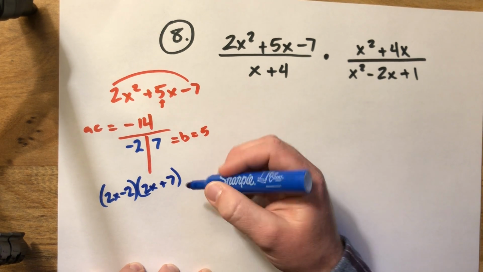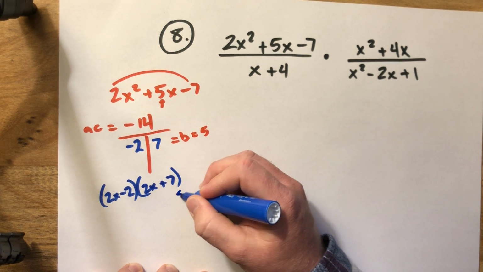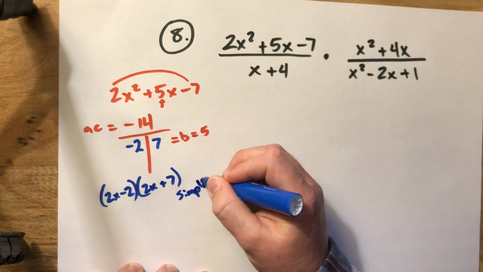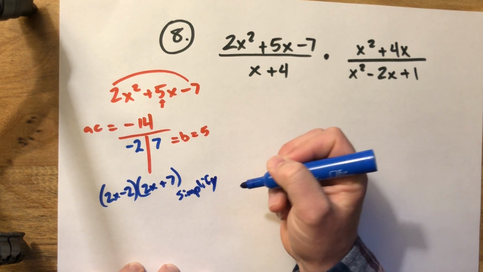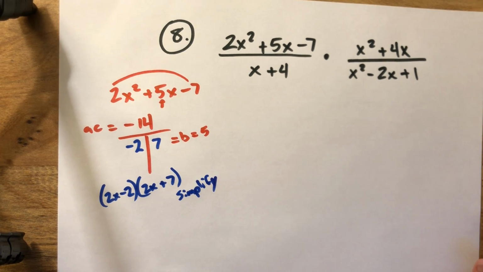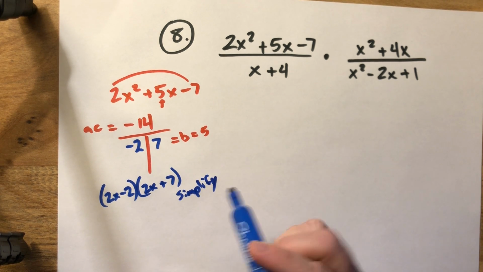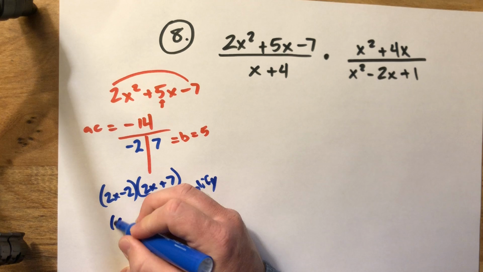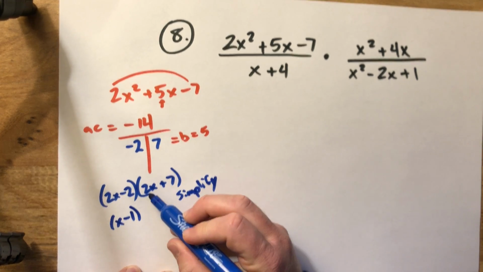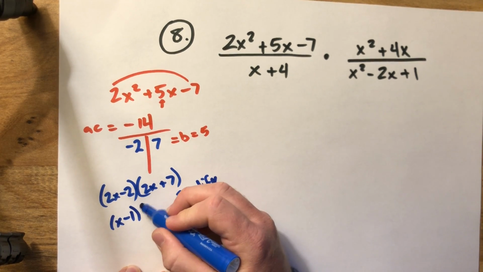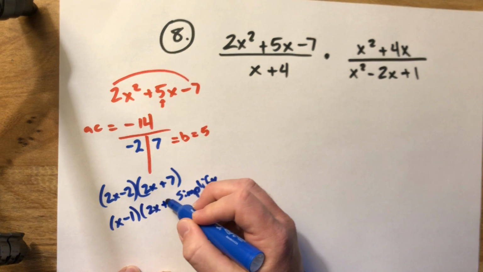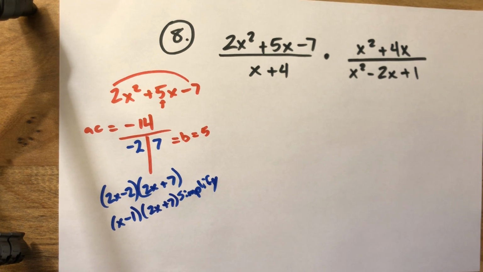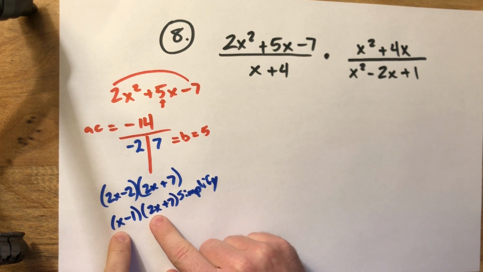And the last thing we look at is simplify. Remember, I forgot that step in class. So simplifying, 2x and 2 will both divide by 2 to just get x minus 1. 2x and 7 won't simplify, so that's just going to be 2x plus 7. Let's double check that with FOIL. First, 2x squared.